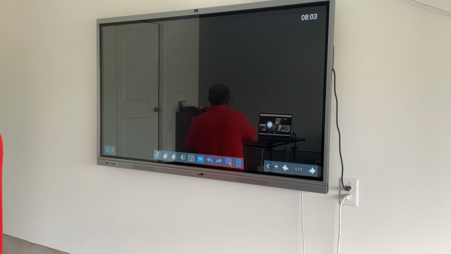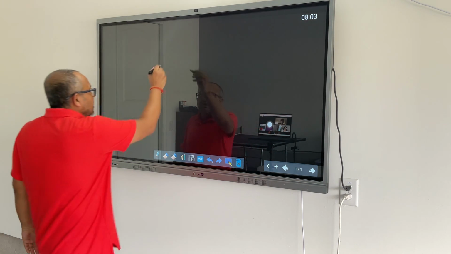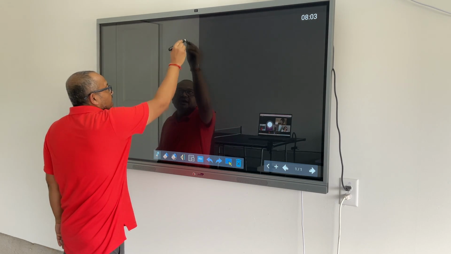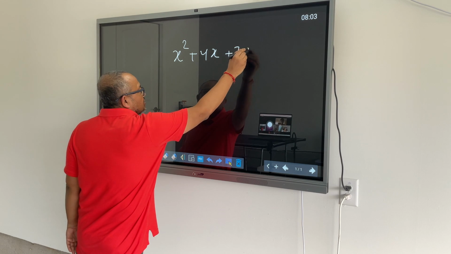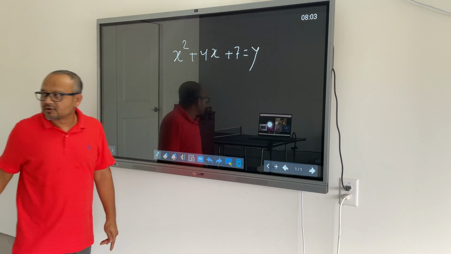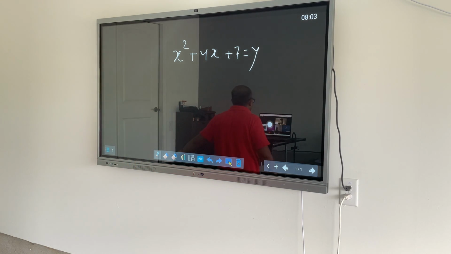Okay? Alright. If I give you any quadratic equation like this, x squared plus 4x plus 7 equal to y, would you be able to draw this, or give it a try to draw it on a coordinate plane? I'm just asking, just say yes or no. If it sounds new, complicated.